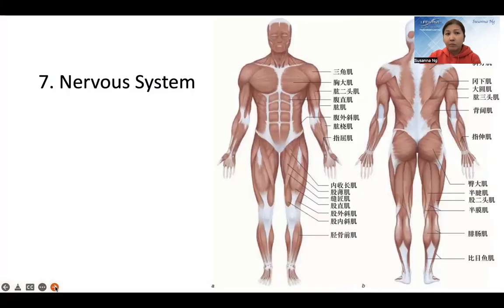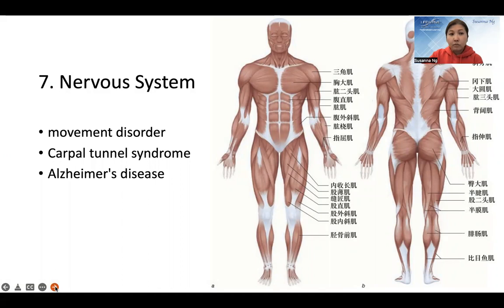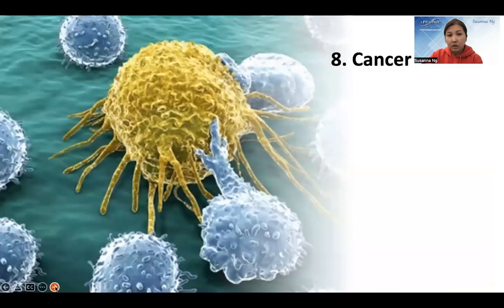There are also nervous system problems like movement disorders, carpal tunnel syndrome, and Alzheimer's disease, which affect our body. And then cancer. If we accumulate too much fat and too much inflammation in our body, cancer is one of the diseases that can happen.